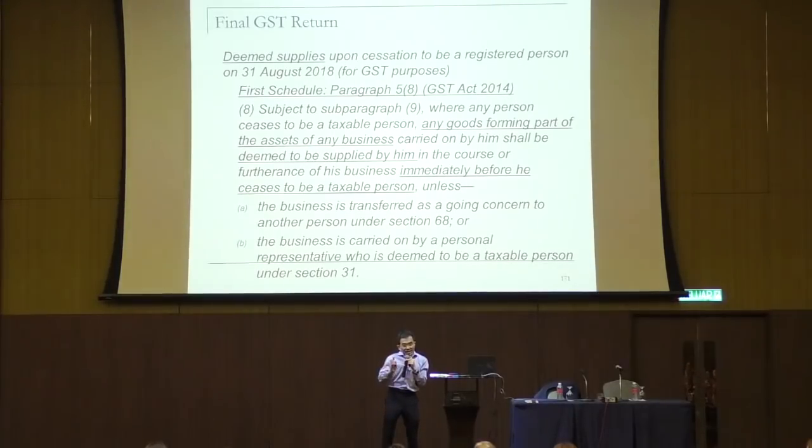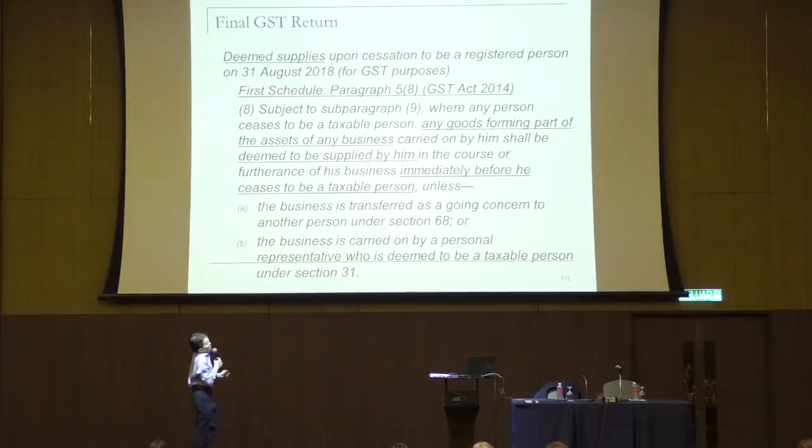And do you know that under the first schedule of the GST Act, whenever someone ceases to be a registered person, you need to deem supply all the goods that you have in your company when you cease to be a registered person, which is 31st August. So let's read this.